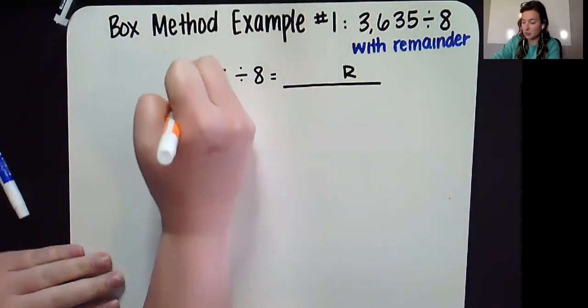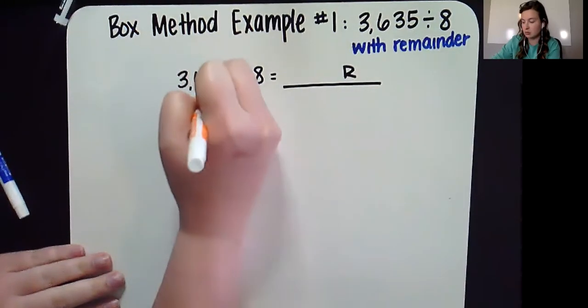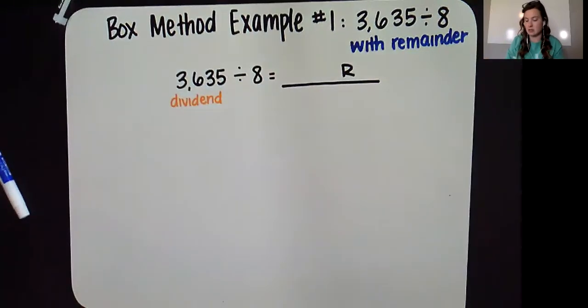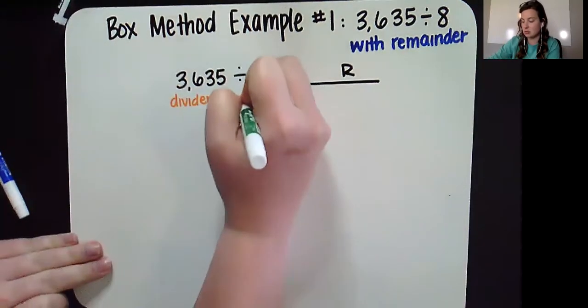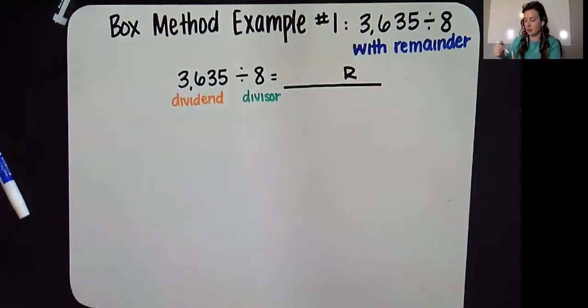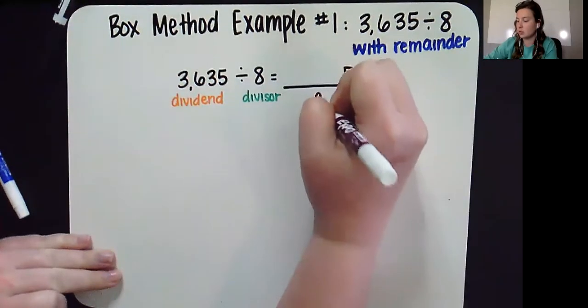That's the number we are breaking apart. 8 is our divisor, what we're using to break the dividend apart. And then our answer is called the quotient.